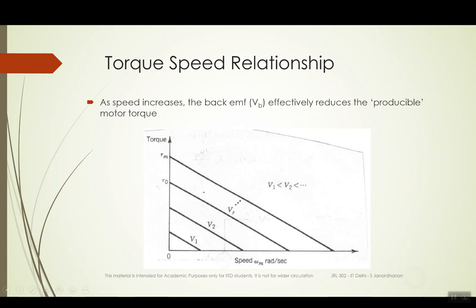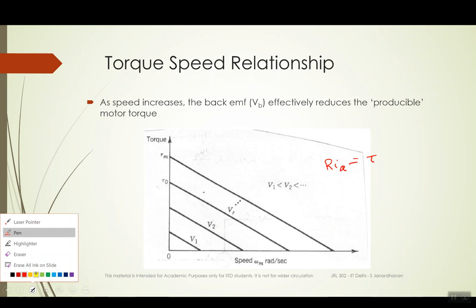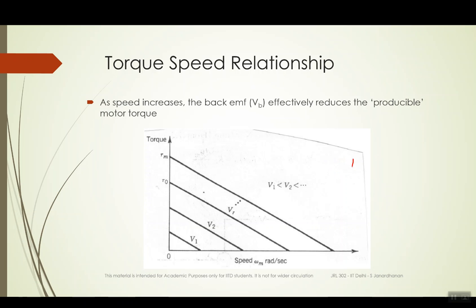Okay, so what you have here is R times Ia, which is V minus Vb.